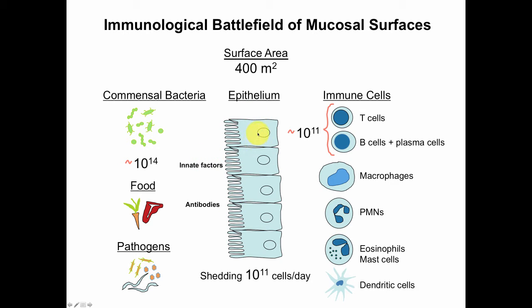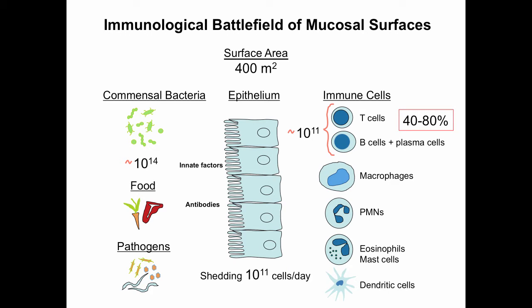Just within these epithelial cells, or just beyond the epithelial barrier, there's a whole variety of different immune cells, including T lymphocytes and B lymphocytes, as well as innate immune cells like macrophages, neutrophils, eosinophils, mast cells, dendritic cells. And all these cells interact with each other and with antigen coming down into this barrier site to help mediate both protection against harmful pathogens, but also tolerance of non-harmful pathogens so that we don't develop inappropriate inflammatory reactions.